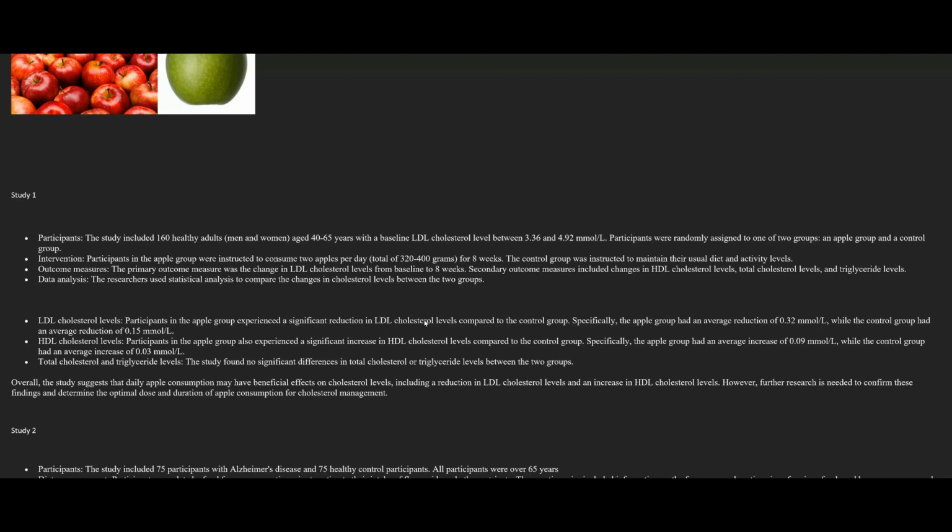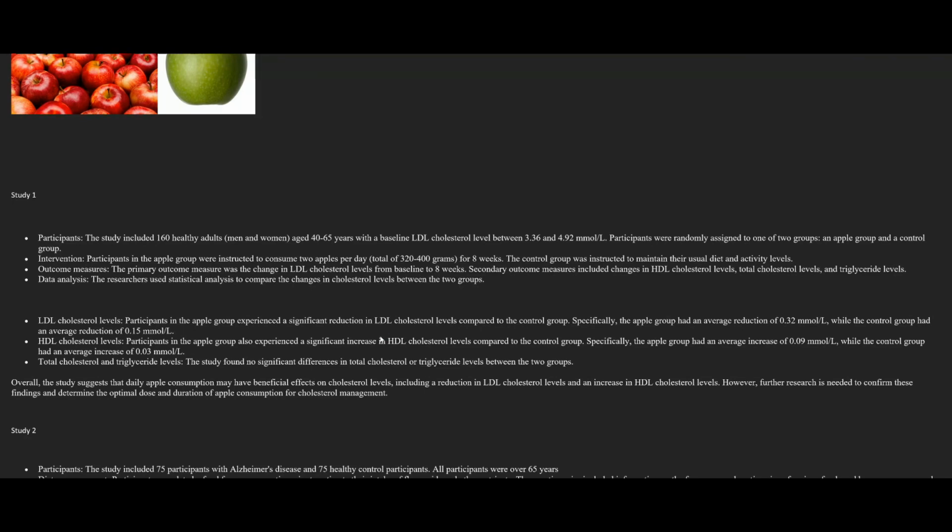Participants were randomly assigned to one of two groups, an apple group or a control group. Intervention. Participants in the apple group were instructed to consume 2 apples per day, a total of 320 to 400 grams, for 8 weeks. The control group was instructed to maintain their usual diet and activity levels.